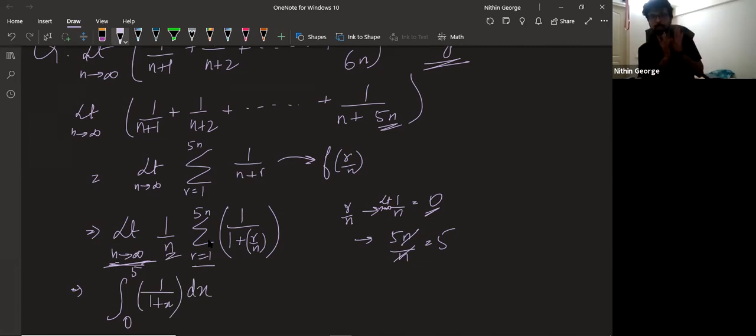Understood how I converted this into an integral? Please take a good look at it, try to understand and ask me doubts.